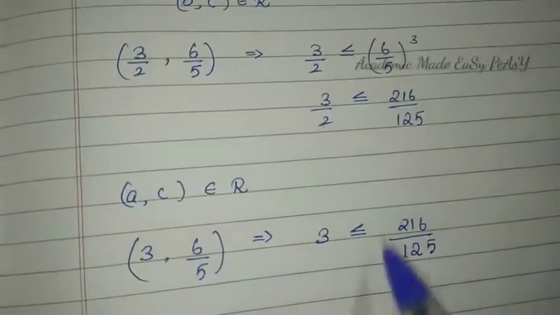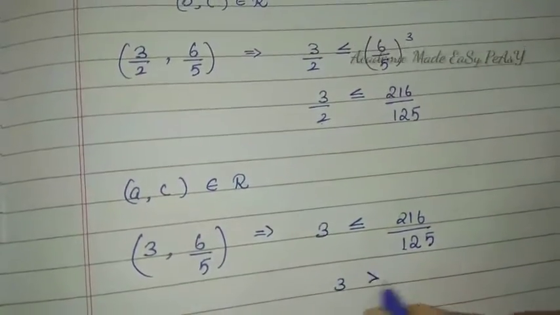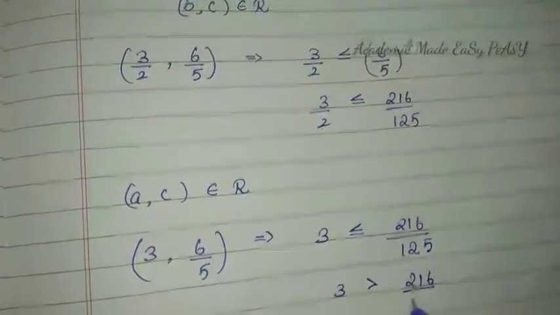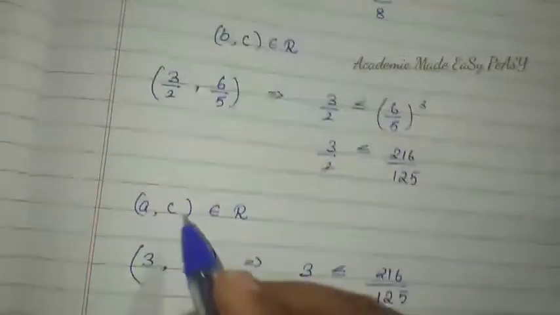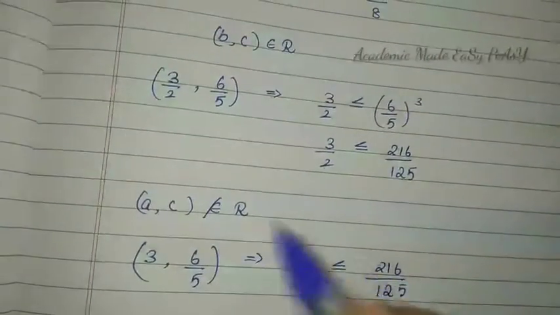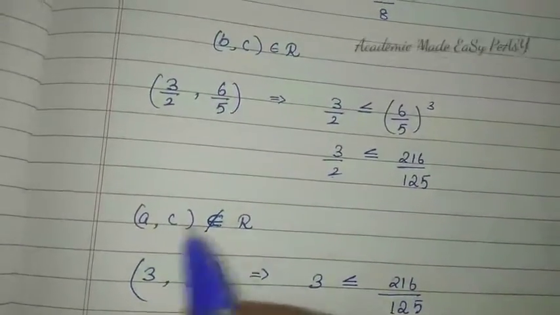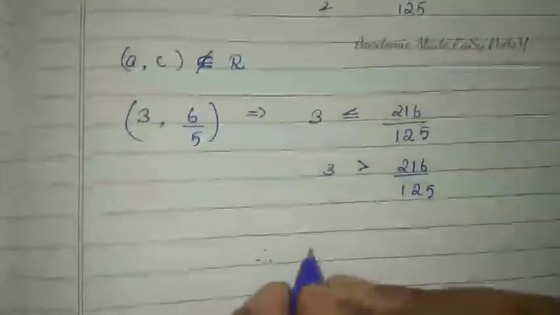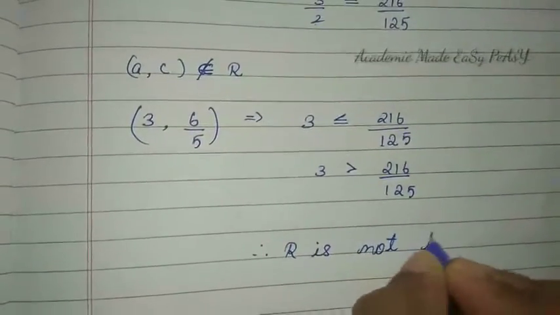So when you see this condition itself, it will say that 3 is greater than 216 by 125. Therefore here a comma c does not belong to R. Therefore R is not transitive.